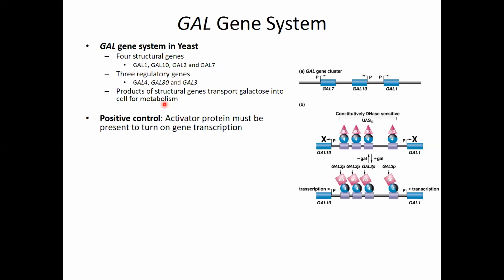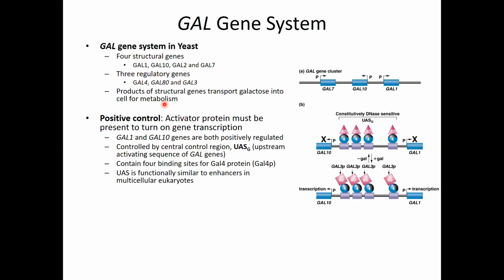The positive control for this system involves the activator protein. So you need the activator protein to be present to turn on gene transcription. In this case, specifically, GAL1 and GAL10 genes are both positively upregulated.